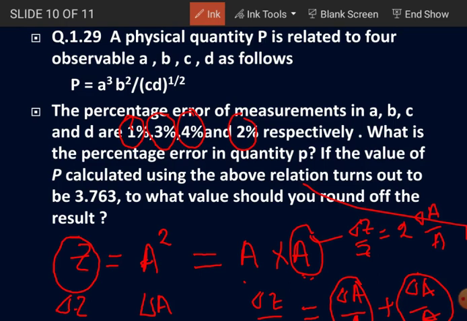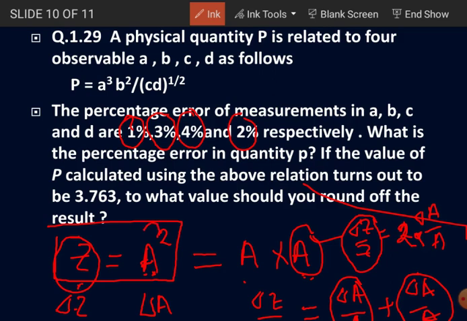Got it? So what happened? If a physical quantity is expressed as a power of another physical quantity, then the relative error in that physical quantity will be equal to that power times the relative error of that physical quantity.